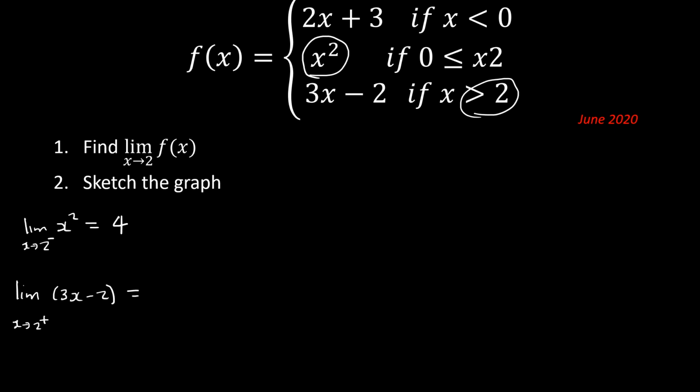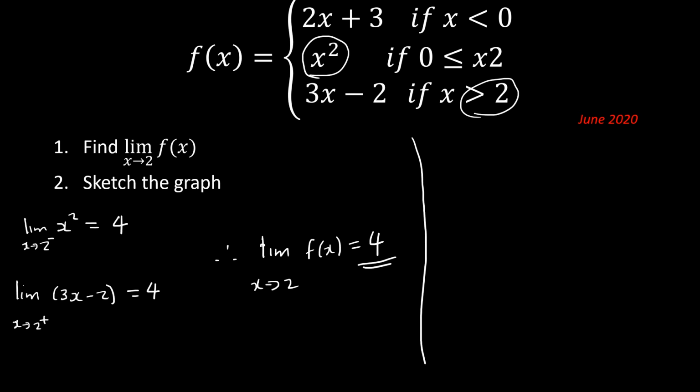If I substitute 2 here, I have 6 minus 2, which is 4. Therefore the limit as x approaches 2 of f(x) is 4. If these were not equal, you would say the limit does not exist. That's what they wanted here.